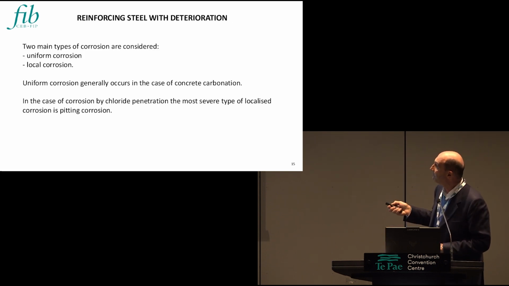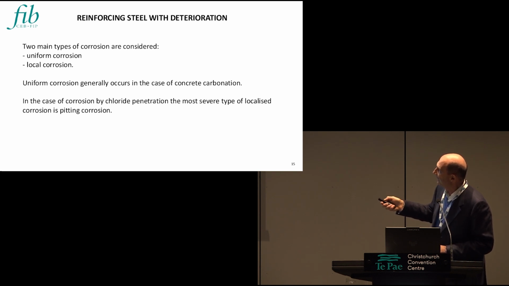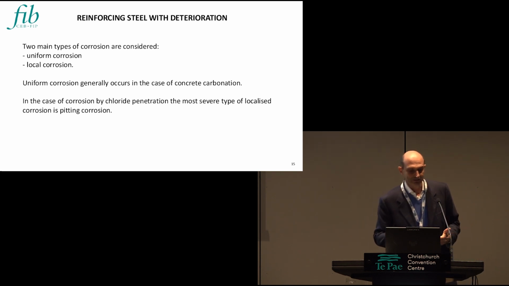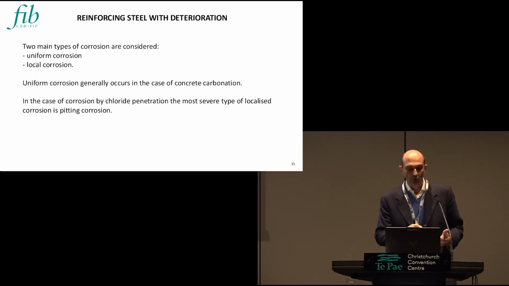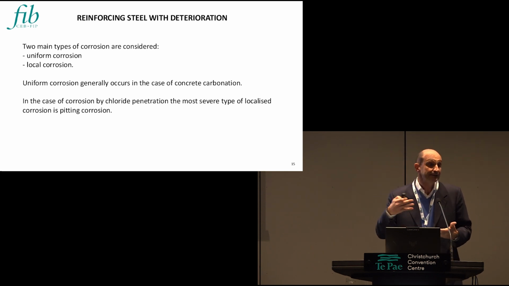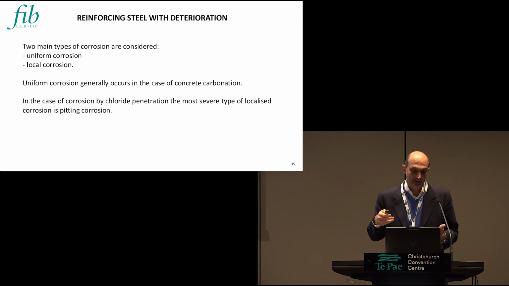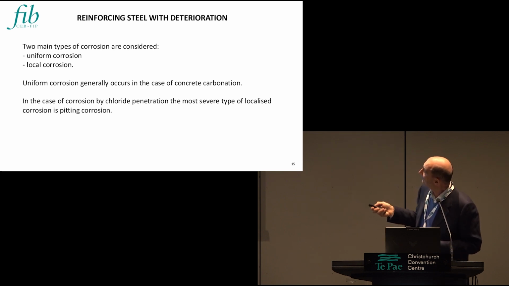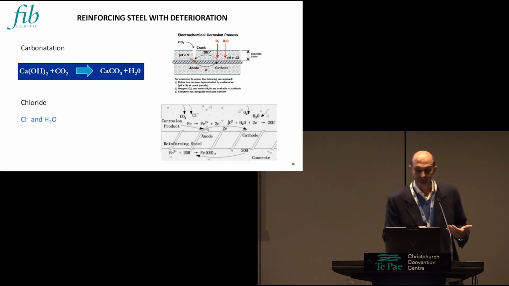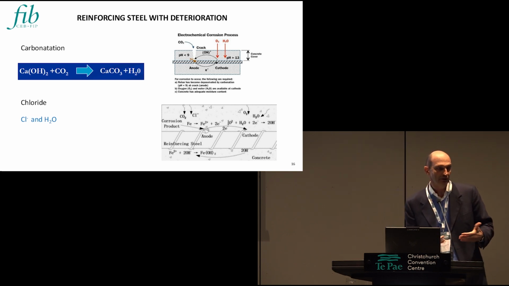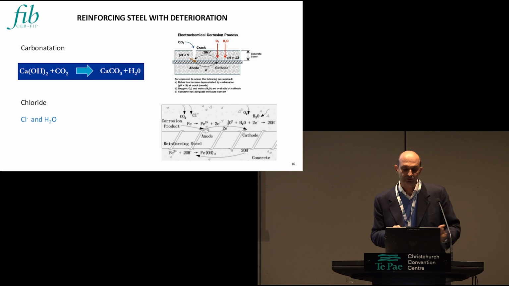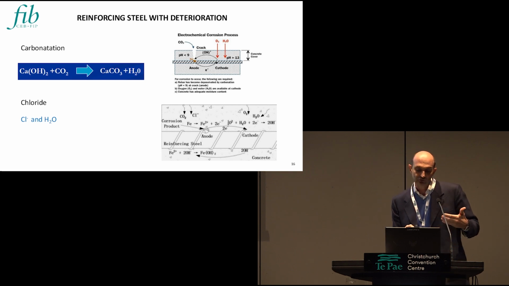We have two main types of corrosion that we can have in our reinforcement. Usually we define the uniform corrosion or the local corrosion that creates pitting. Usually the uniform corrosion is related to carbonation of the concrete, a reduction of the pH, and so mainly uniform corrosion.